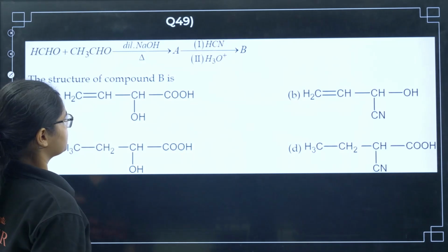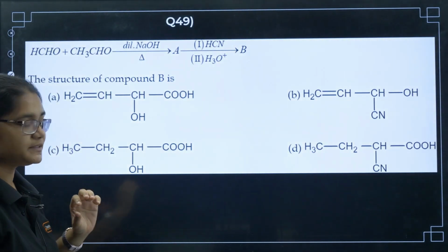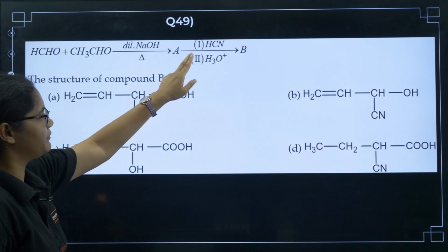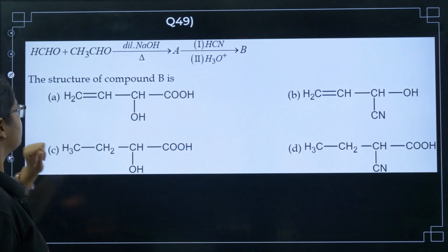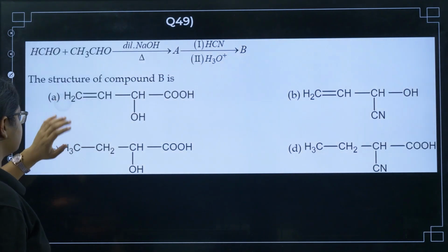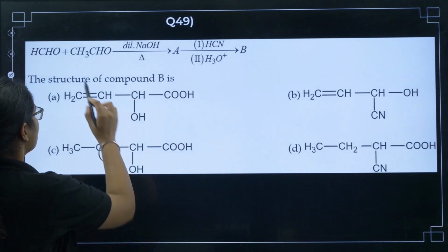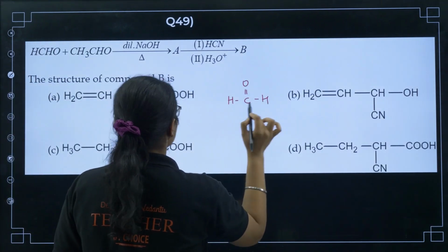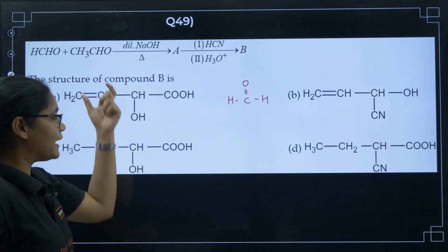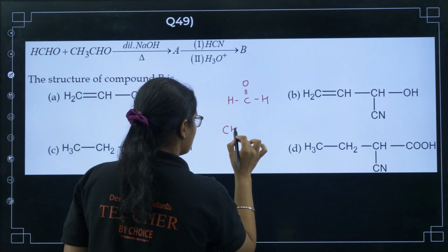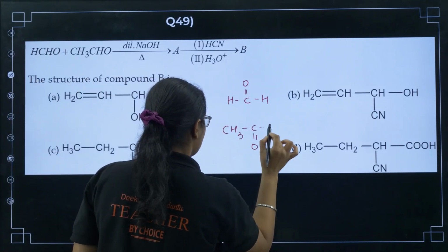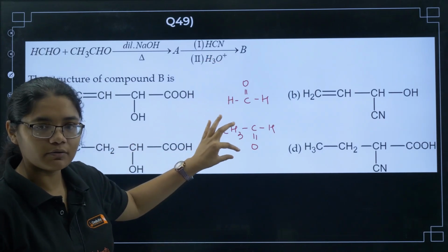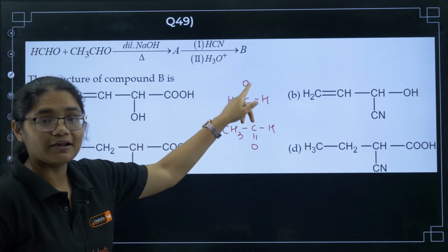Next question. If this question is visible, it is your aldol condensation first part. Then you have to treat it with HCN and H3O plus. What will be the product? So for aldol condensation, let us apply my trick. You write HC double bond OH. Next, below that you write down the other compound. Now you may ask a question, ma'am, why not this one up and this one down? You see here there is no alpha carbon.